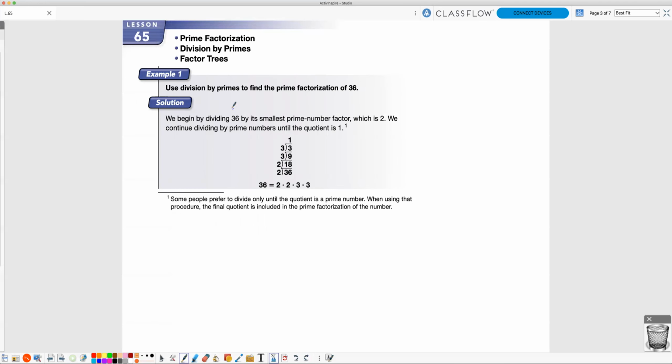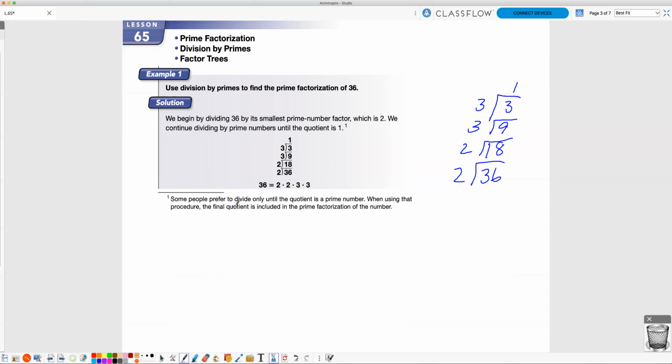Use division by primes to find the prime factorization of 36. So I would start with 36 in the bottom and divide it by a prime number. 2 is the smallest prime number. 18 is the answer. 18 is divisible by 2 as well. It results in 9. 9 is divisible by the prime number 3, which results in 3, and 3 divided by 3 equals 1.